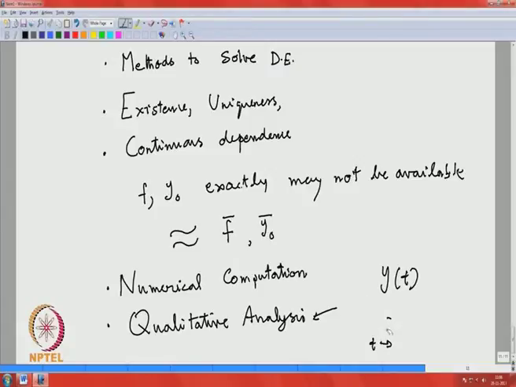you may be interested in the limit as t tends to infinity or as t tends to 0, whatever it is, of y(t), and such asymptotic behavior, or you want to know more about the geometric picture of it. This involves qualitative analysis, and you will see the phase plane analysis, phase portrait, and whether your trajectory is stable or unstable, and all that we will be seeing.